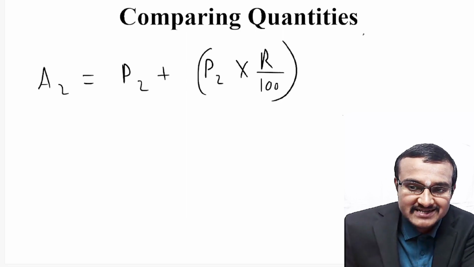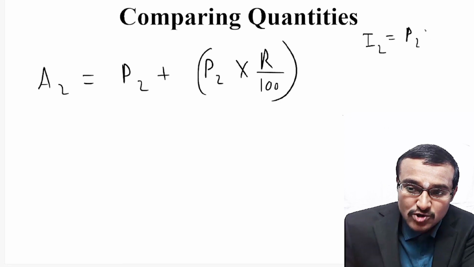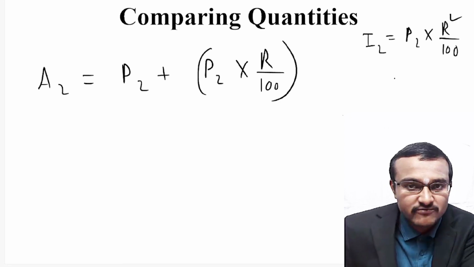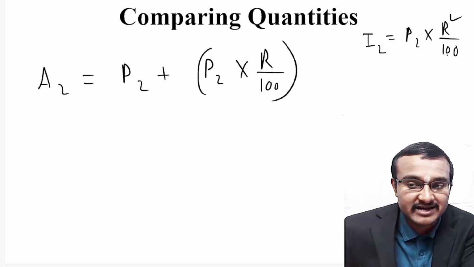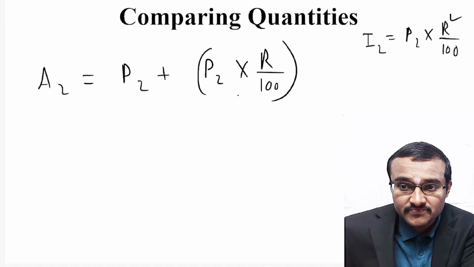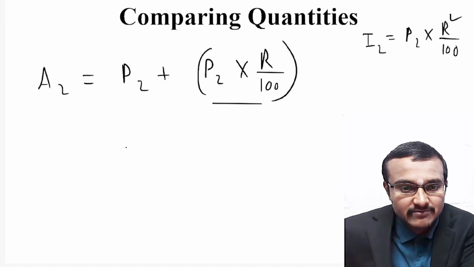So interest on P2 means you are multiplying that with the rate of interest. R is the rate of interest divided by 100, because R will be in percentage. That's why I am dividing it by 100. So now I2 is equal to P2 into R by 100.